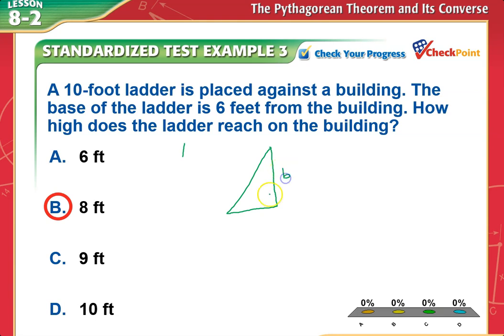We can call that B. We know this is 6 and we know this is 10. So we have 6 squared plus B squared equals 10 squared. So B squared should equal 100 minus 36, which is 64. And take a square root and you get 8.